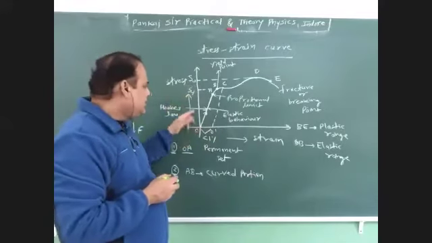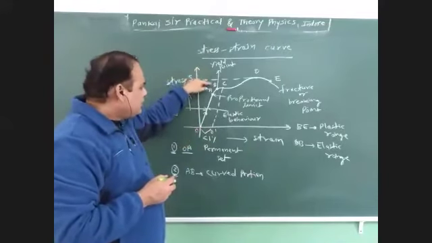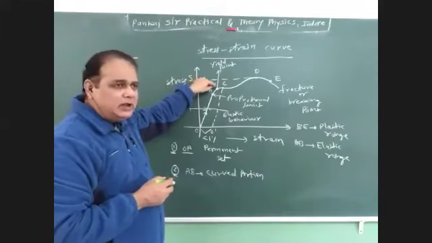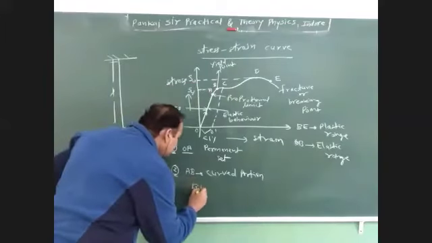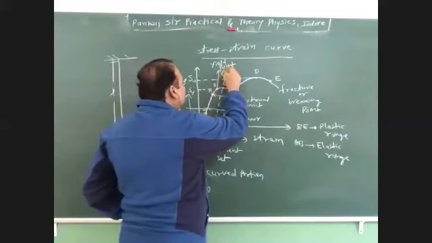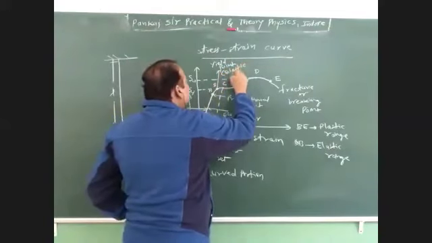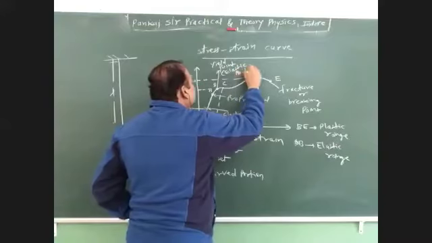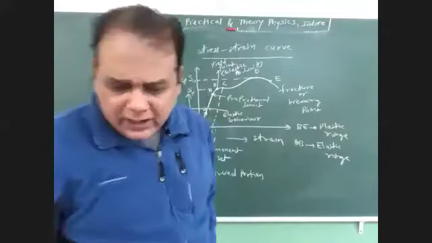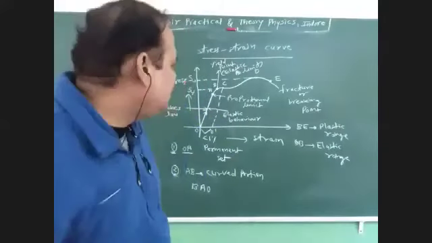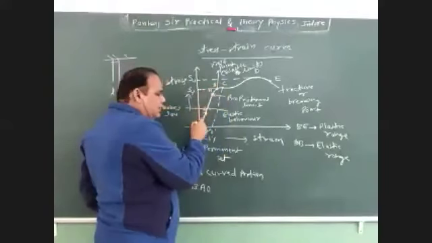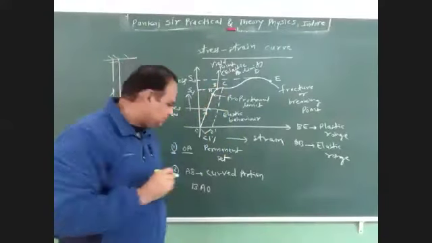But if you unloaded the wire at point B, again it retraced the same path, that is BAO. It means this B is also known as the elastic point, or we can say elastic limit. Elastic limit means at point B, if you unload, the wire regains its original length.